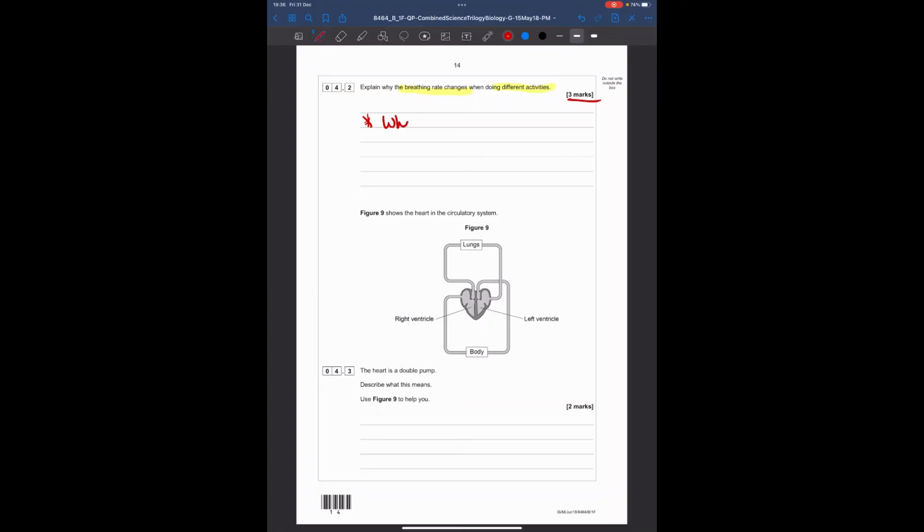So when exercising, we need more oxygen to our muscles. Why do our muscles need more oxygen? Well, it's because they are doing more respiration, which is aerobic respiration because they're using the oxygen.